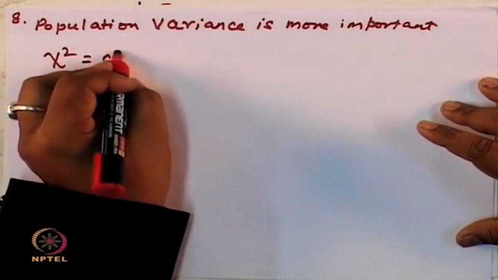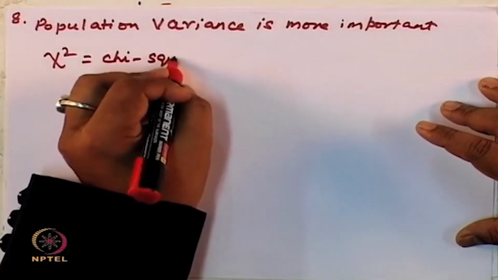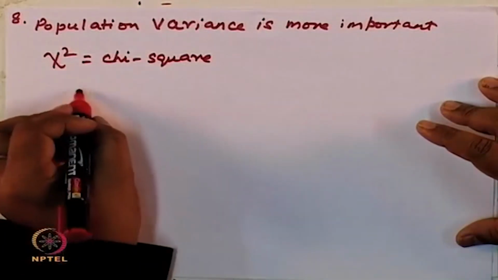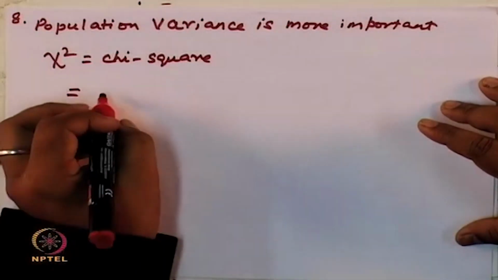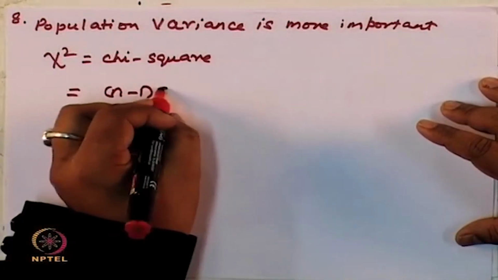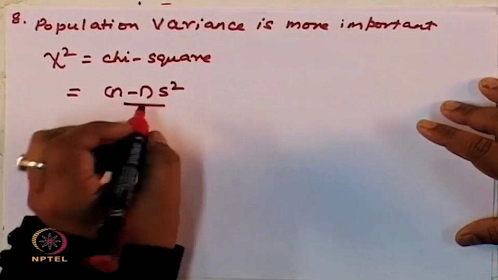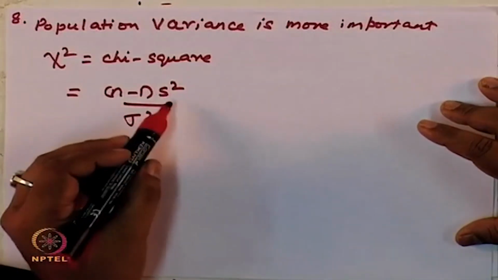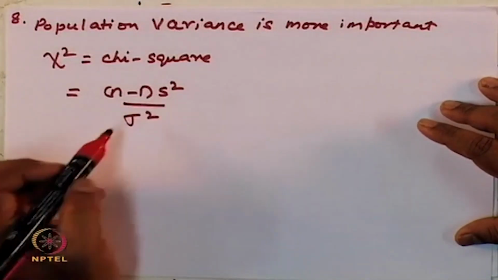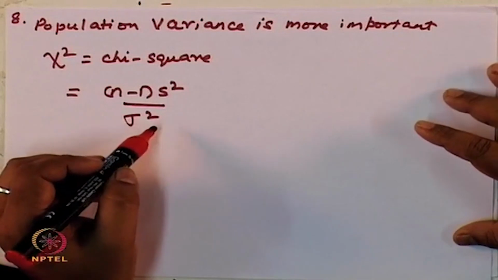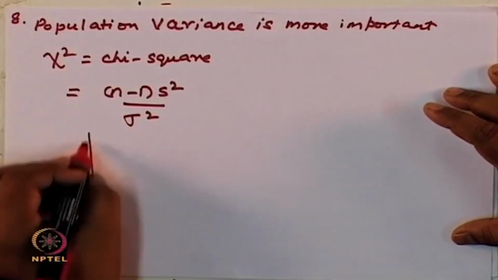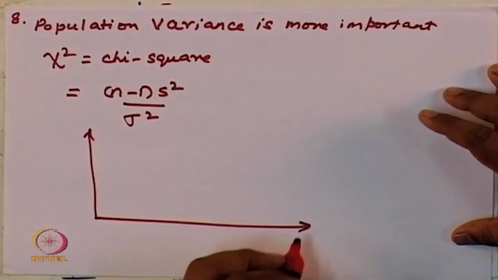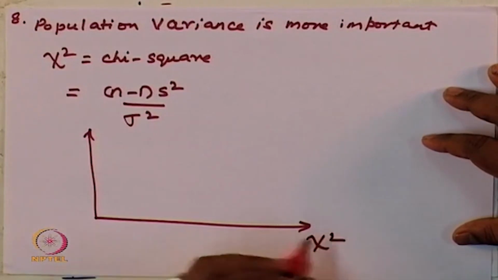So, this is chi-square, and chi-square is given by the expression (n minus 1) into S square by sigma square. So, S square is your sample variance, sigma square is your population variance. And if you plot this, the chi-square curve is asymmetric.